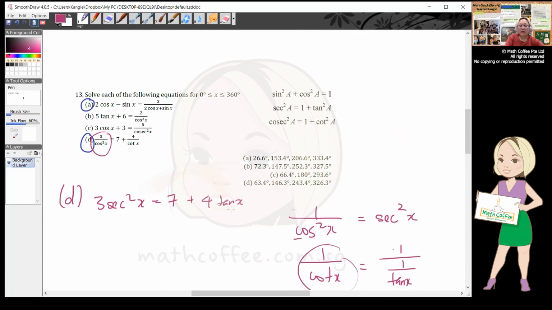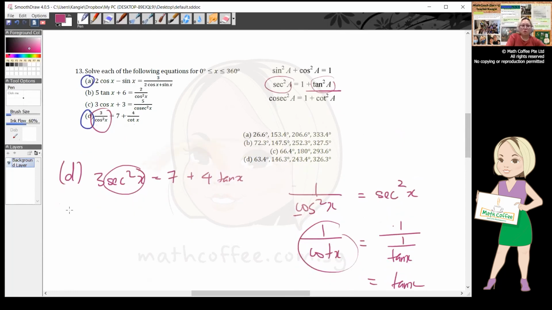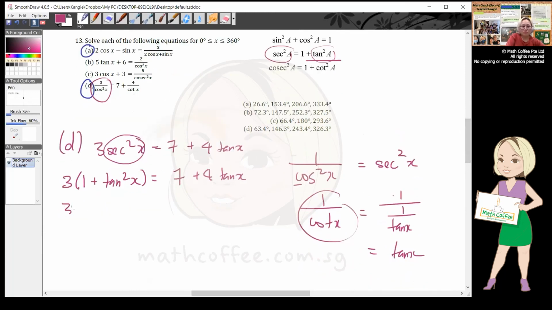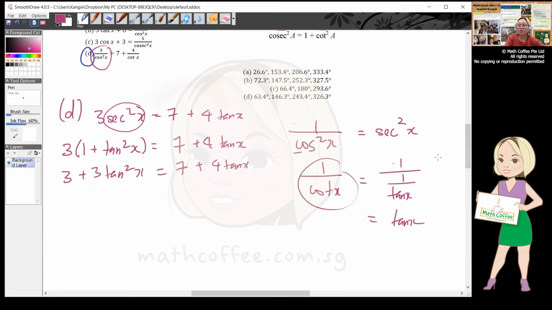Do you see that I can change my secant square to become tangent square. So it will be 3 open bracket 1 plus tangent square x equals 7 plus 4 tangent x. Open up: 3 plus 3 tangent square x equals 7 plus 4 tangent x. So this is a quadratic equation solving for tangent x. Since it's a quadratic equation, I'm going to throw everything to the left-hand side.